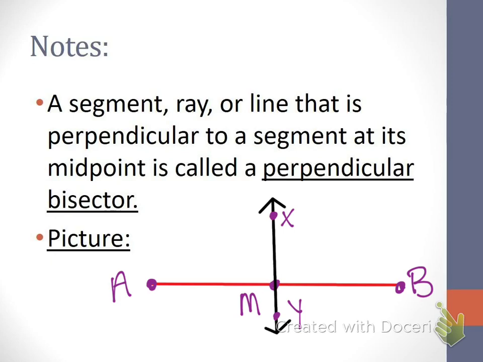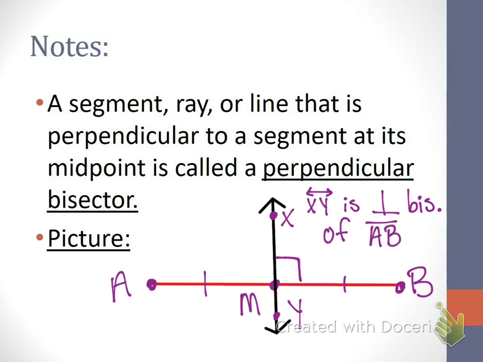And of course, for this to be a perpendicular bisector, it would mean that this would have to form a right angle. And since M is the midpoint, which two segments are congruent to each other? AM and BM would be congruent. So we would say that line XY is the perpendicular bisector of segment AB.